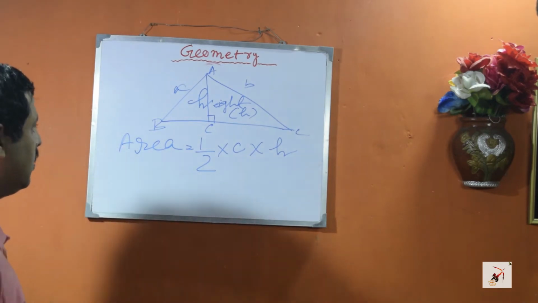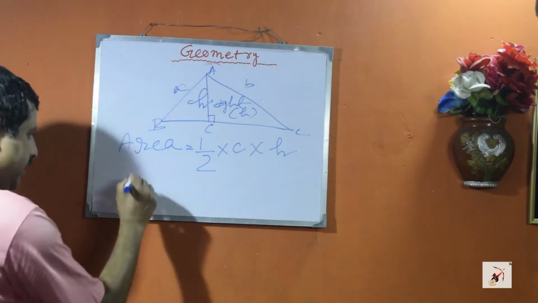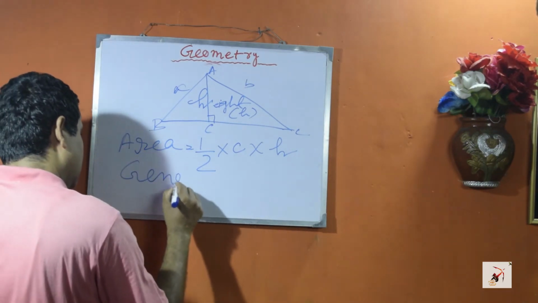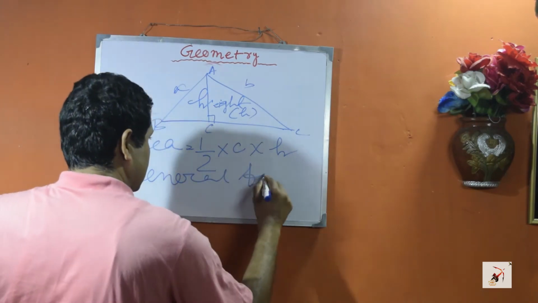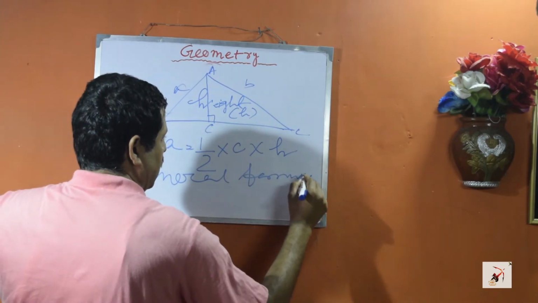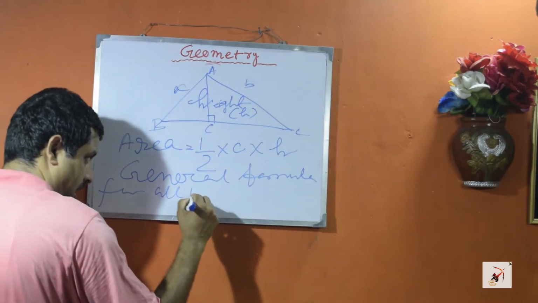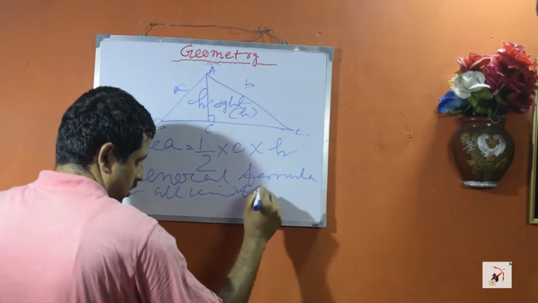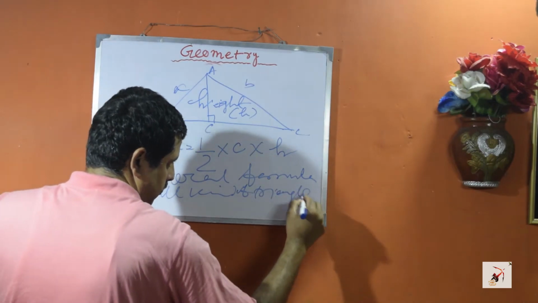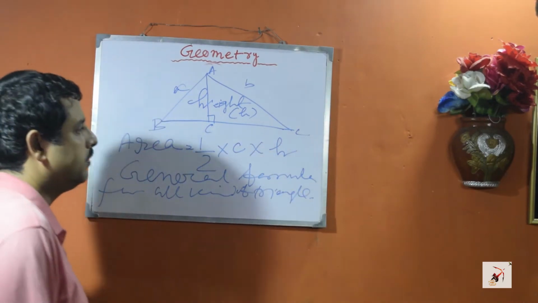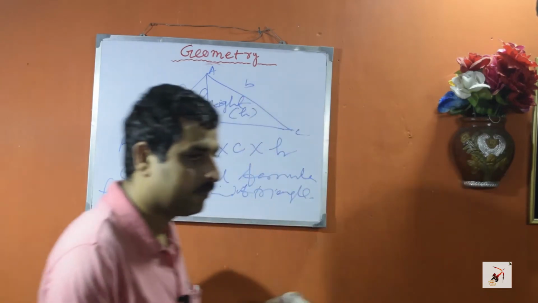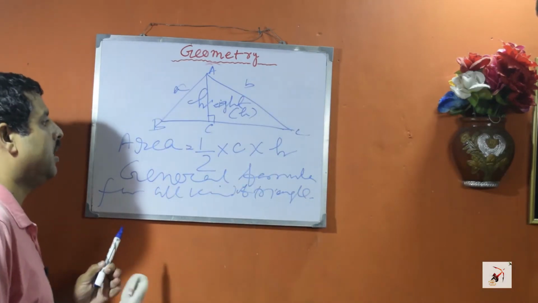This is a general formula for all kinds of triangle.